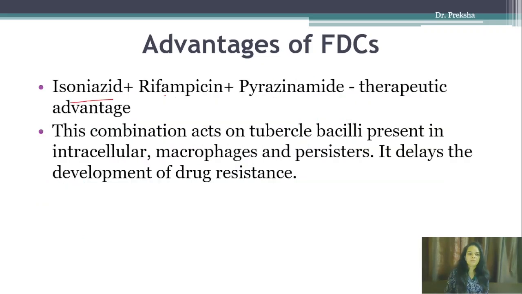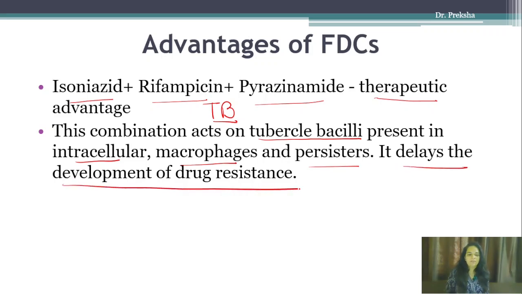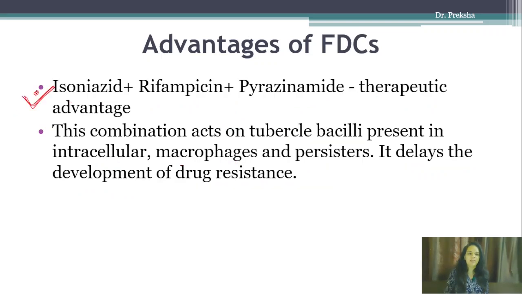Now isoniazid plus rifampicin plus pyrazinamide has a therapeutic advantage, and is prescribed in the treatment of tuberculosis. This combination acts on the tubercle bacilli which are present intracellularly, in macrophages, and persisters. This combination also delays the development of drug resistance. So this is also a rational FDC.